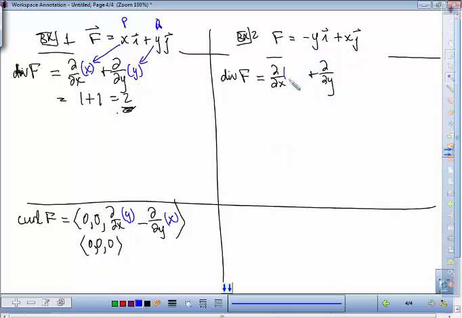So p in this case is negative y. This is your p function. And then q in this case is your positive x. And what is the result going to be? 0.